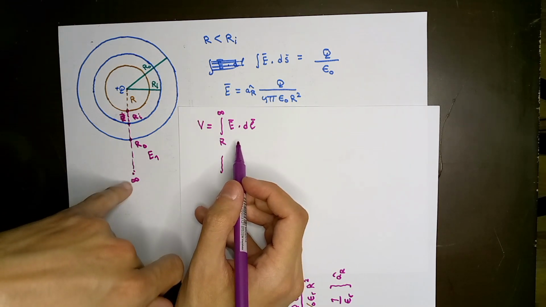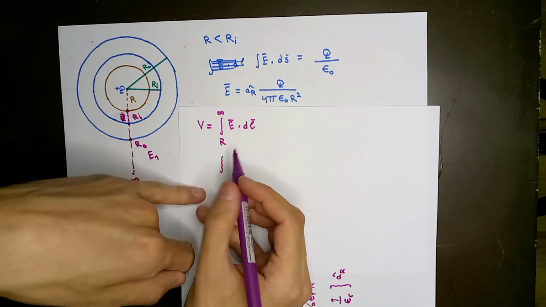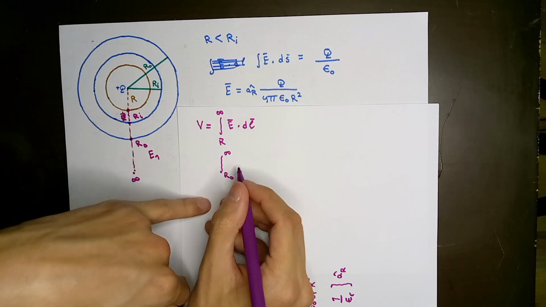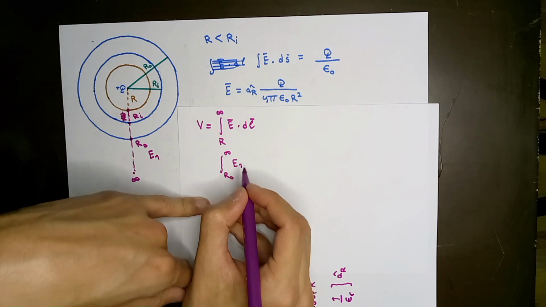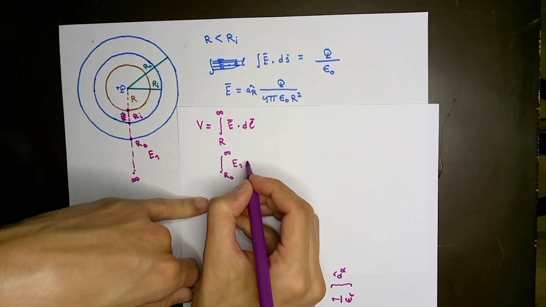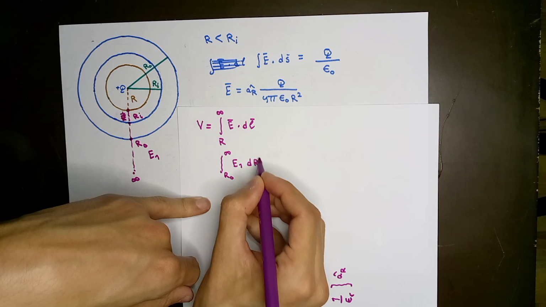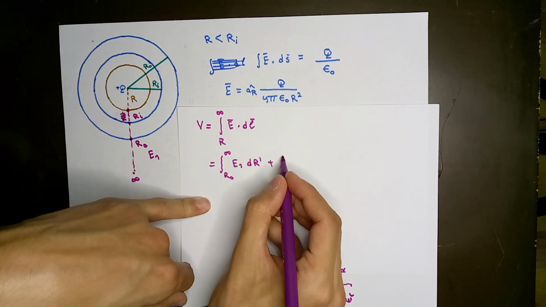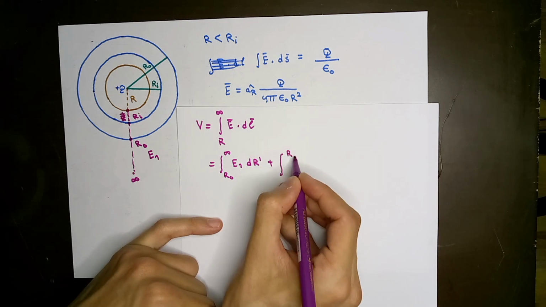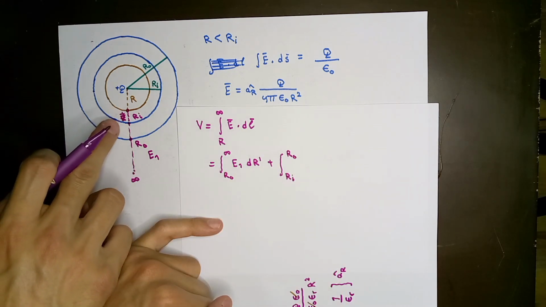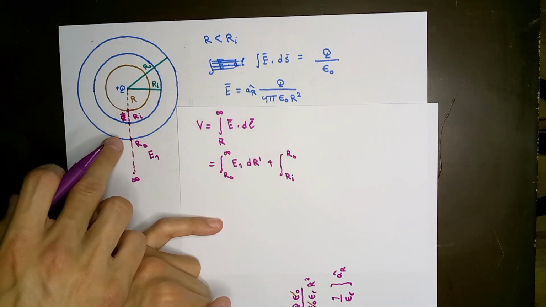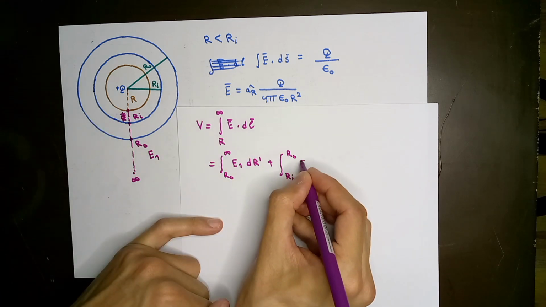The first integral is between infinity and r sub o, and the electric field in this region we have said before is equal to E sub 1. We have mentioned before in this video the formula of E sub 1. We have calculated it, times dr prime, plus the second integral, between r sub o and r sub i, where the electric field is equal to E2.